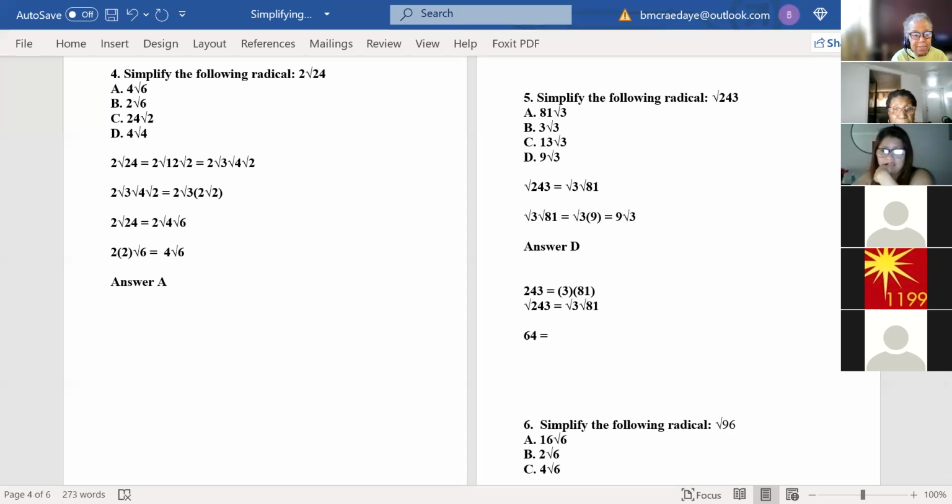Okay, Alva, let me give you this one, 64. What are some factors of 64, Alva? Two numbers you can multiply and get 64.